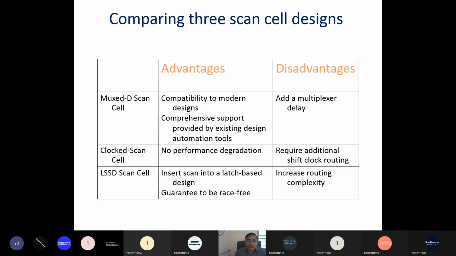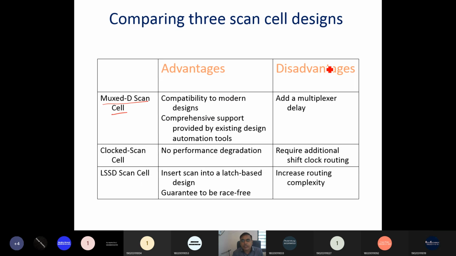So there are three types of scan cell in the scan design DFT technique. One is the MUX-D scan cell, another is the clocked scan cell, and third is the LSSD scan cell.